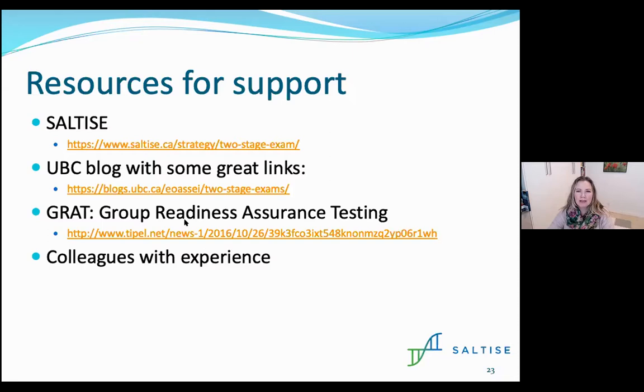If your LMS is a bit clunky with that, we at UBC use a survey tool called Qualtrics. That's kind of our institutional tool. And there is actually a way to program a survey tool to give that second attempt or third attempt if needed. But again, all students would kind of have to be screen sharing. So it's not exactly like it, but there are some other ways to do this. And then of course, sync up with some colleagues with experience.